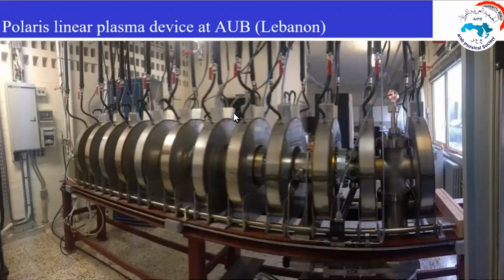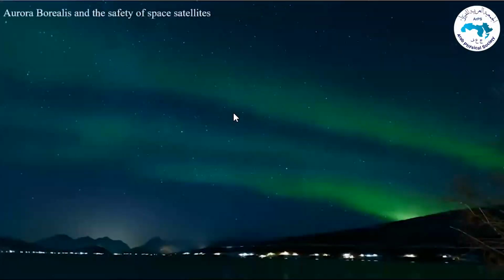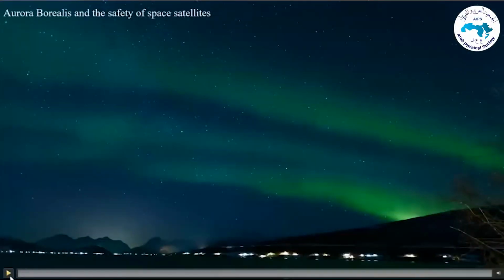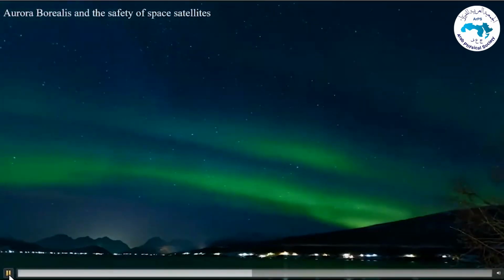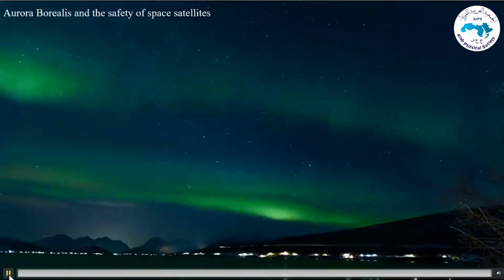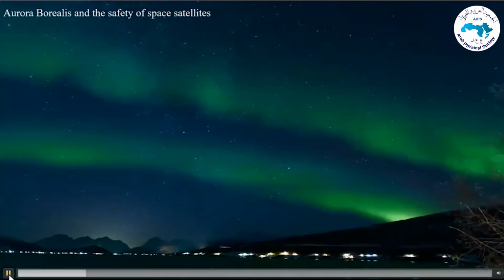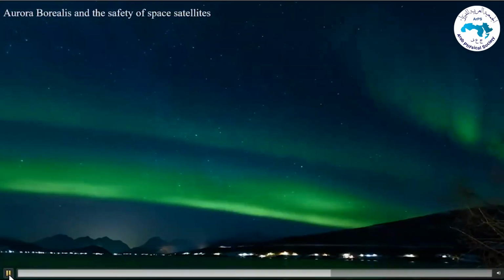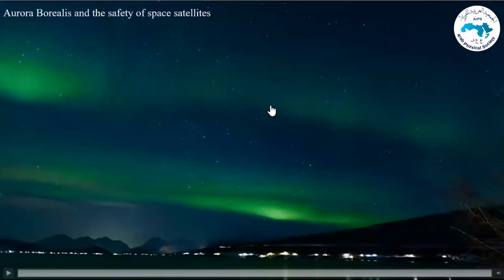Now, being in space, let's continue a little bit to talk about plasma physics and applications. For example, this is the aurora borealis, which happens in the northern pole and would definitely affect our life here and, more importantly, affects the artificial satellites that we launch into space.